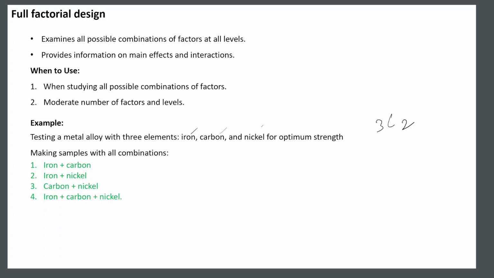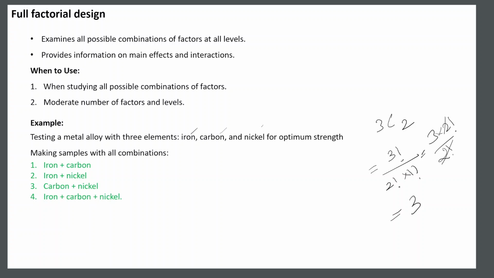First, we study the addition of two elements alone. In how many ways can we choose two elements out of three? We can choose in 3C2 ways. 3C2 is 3 factorial divided by 2 factorial into (3 minus 2) factorial, which is 1 factorial. So this is 3 into 2 factorial divided by 2 factorial. We cancel out 2 factorial, and we get three ways to choose two elements.